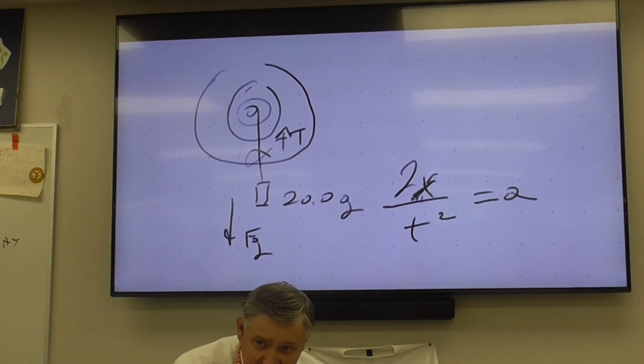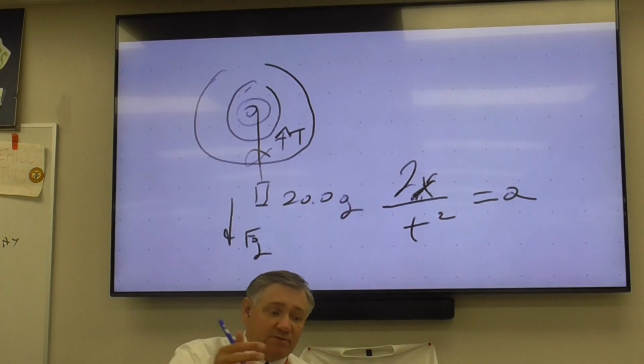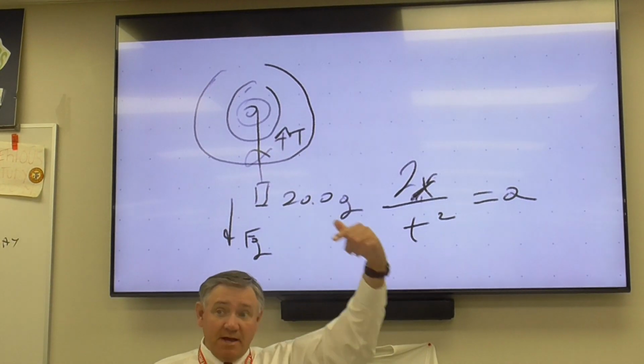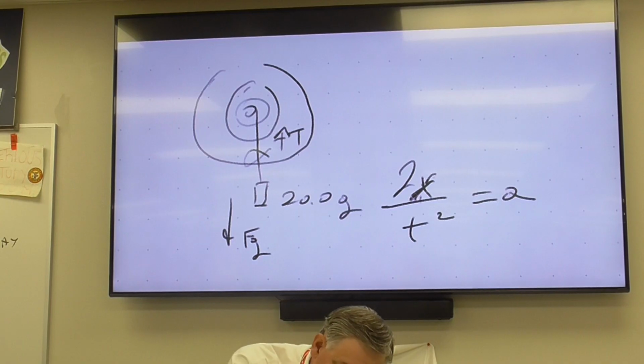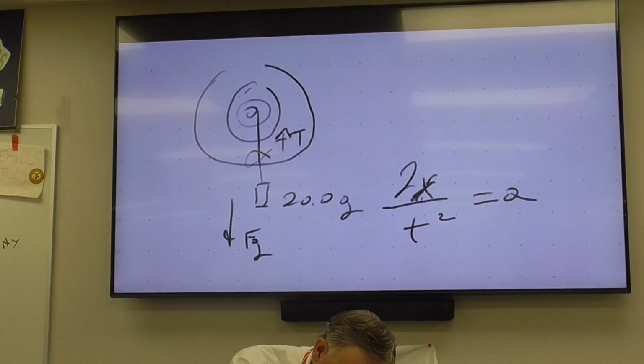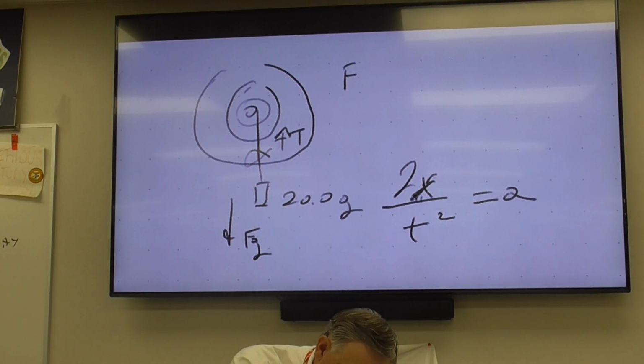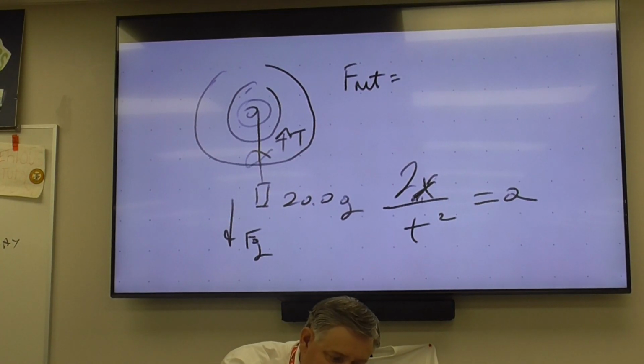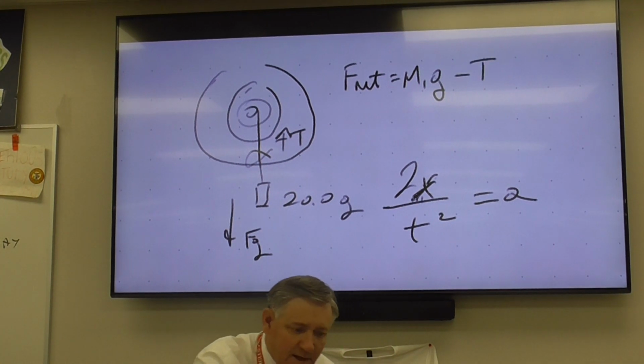Now, to get your tension, and understand where this comes from, because this is going to play out in that last problem and on the test tomorrow. How you're going to get that tension is that you realize that net force equals the difference between 2 things: the gravitational force pulling down and the tension.